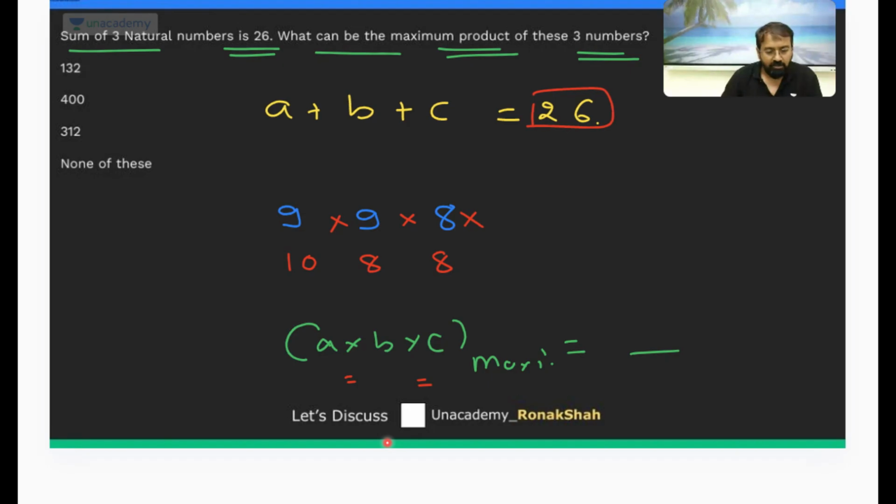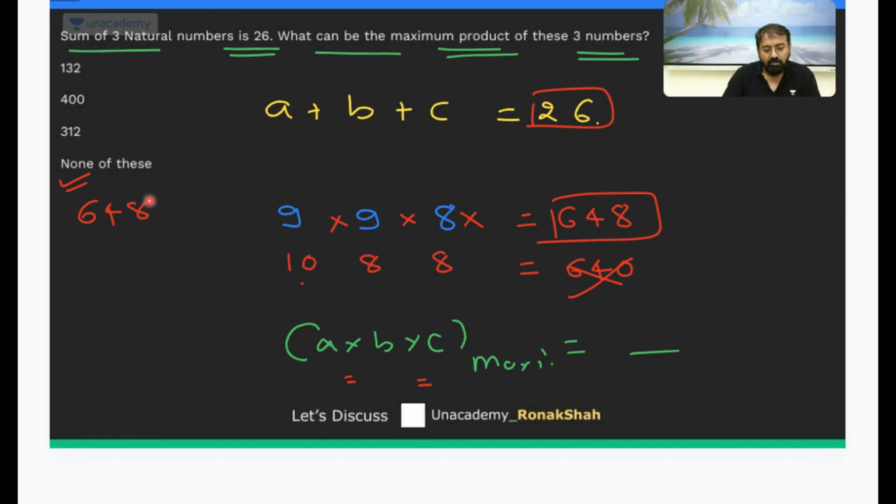So this is going to be 648. Yes. And 10, 8, 8. Can I say this is going to be 640? So the maximum product will be 648. So answer will be none of this because it will be 648, not 243.